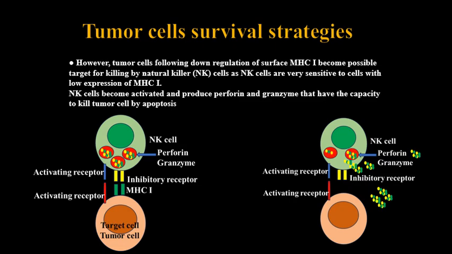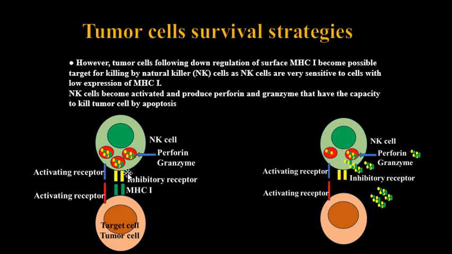However, low expression of major histocompatibility class 1 on the surface of a tumor cell will be sensed by another cell known as the natural killer cell. As can be seen here, this is a normal cell, not a target, not a tumor cell. So this is major histocompatibility class 1.